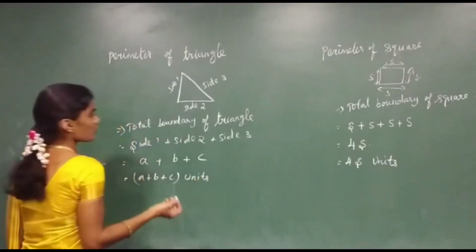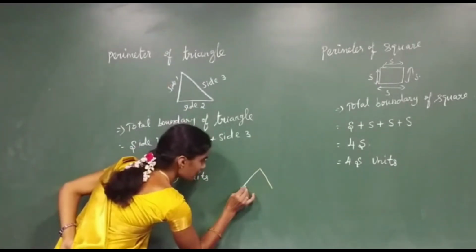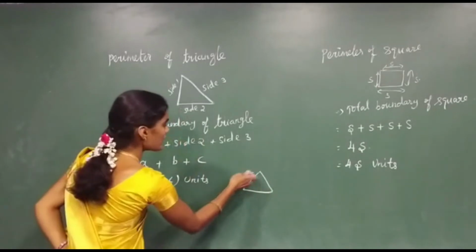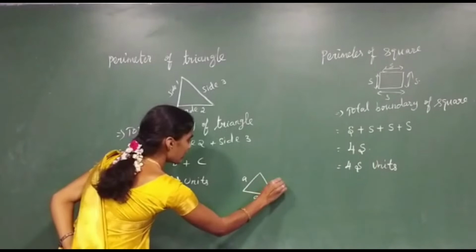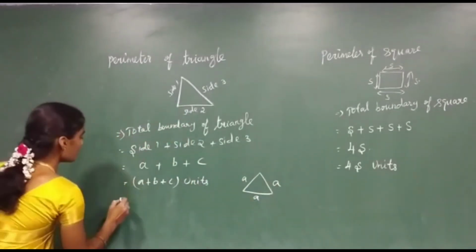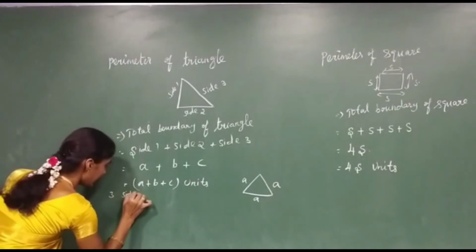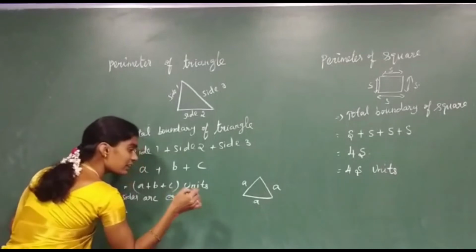Suppose these three sides are equal. This is also a triangle, no? Three sides are equal, here also A, here also A, here also A. Three sides equal means an equilateral triangle.